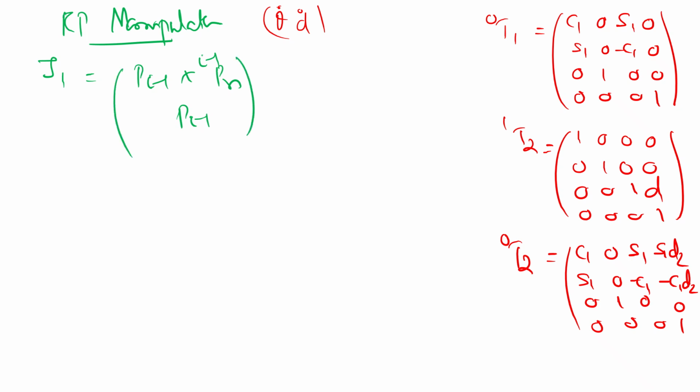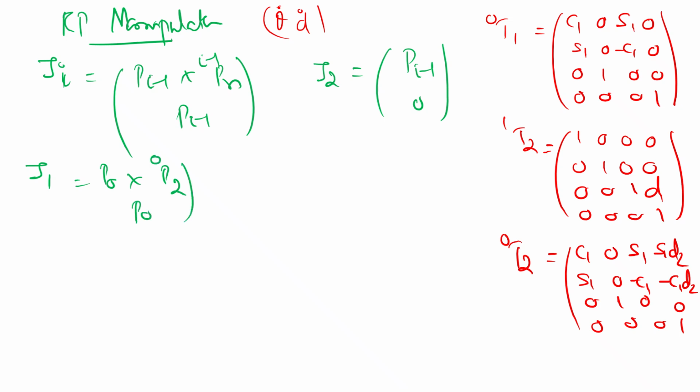And J2 is a prismatic joint, so it is P(i minus 1) and 0. For J1, it is P0 cross (Pn minus P0), then P0. For J2, it is P1 and 0.